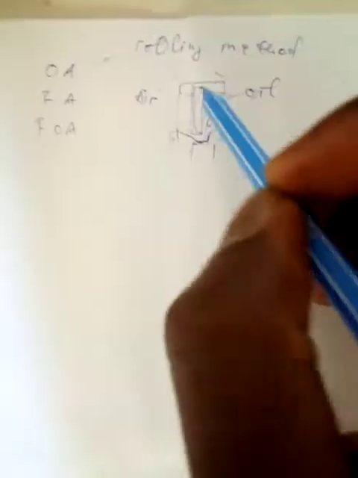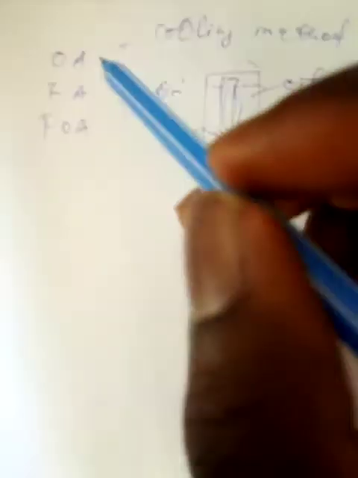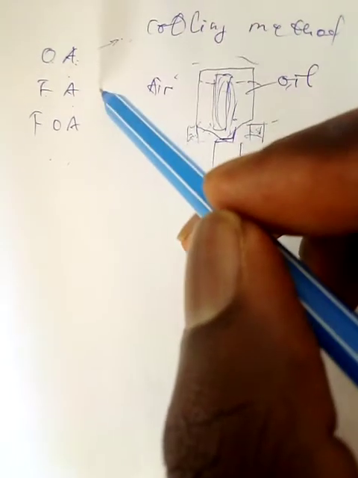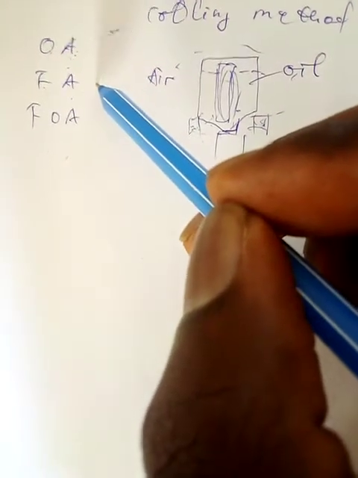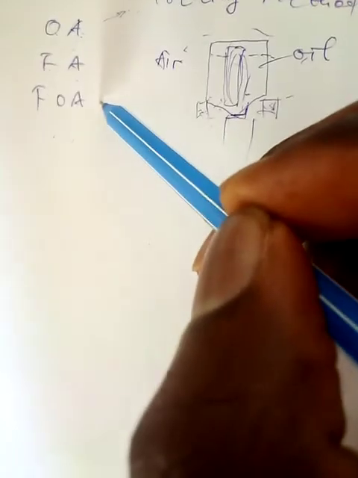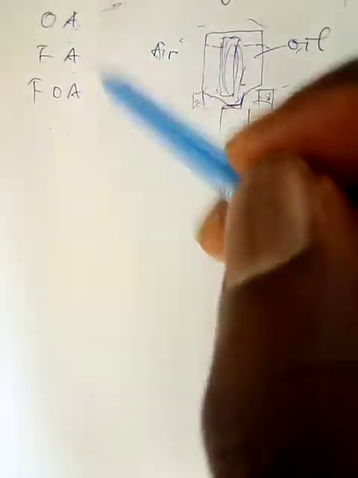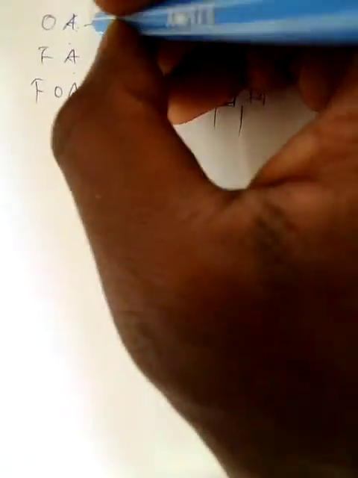Now, if a transformer has pumps and fans, you could either operate it with the pumps and fans off, with the fans on but the pumps off, or with both of them on. And each of these conditions has its own S rating. So it has SOA.